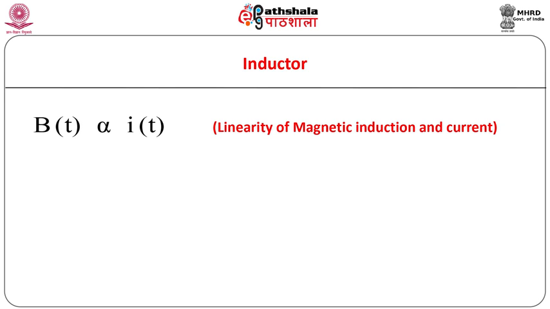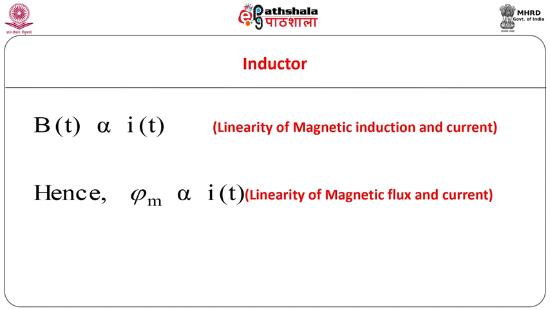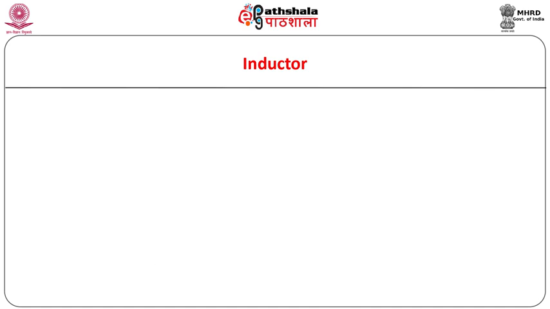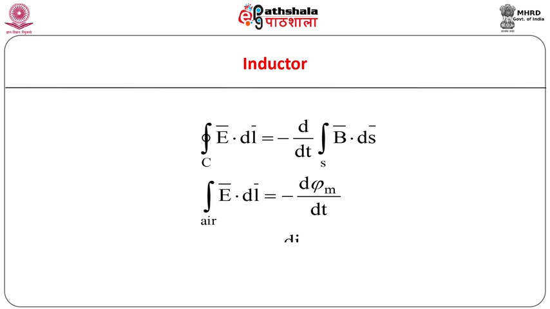The magnetic induction B and hence the magnetic flux are linearly proportional to the current flowing through the wire. The constant of proportionality is known as the inductance of the single turn. Using the expression for magnetic flux, we obtain the expression for voltage drop across the single turn inductor as shown.